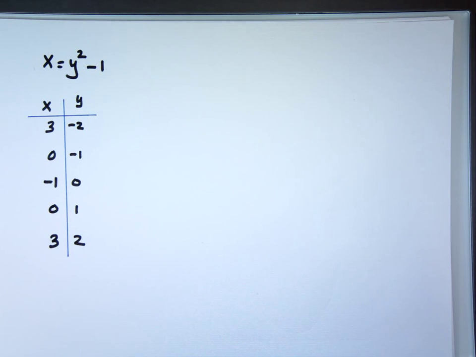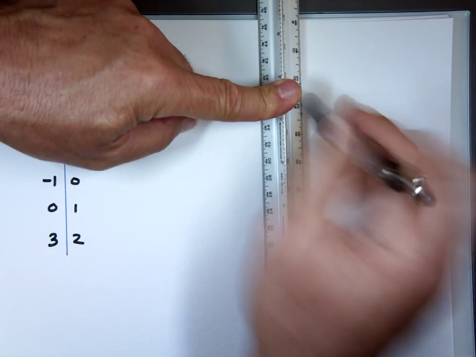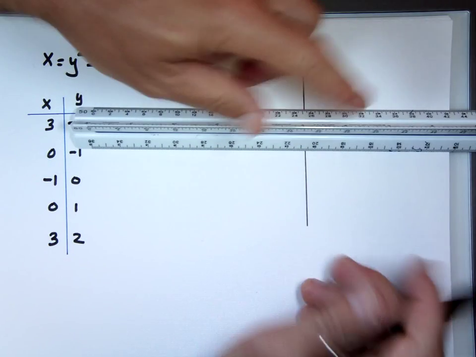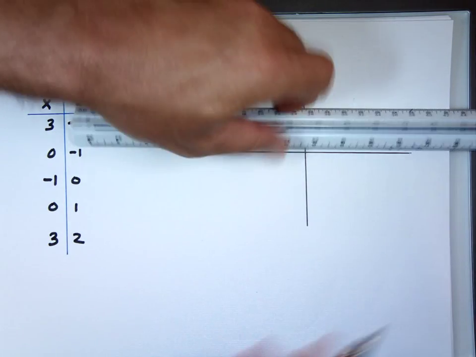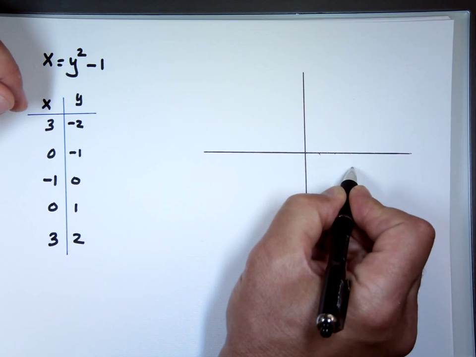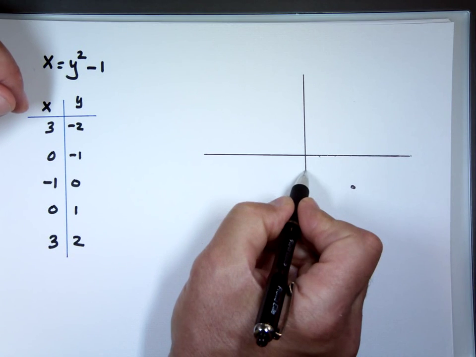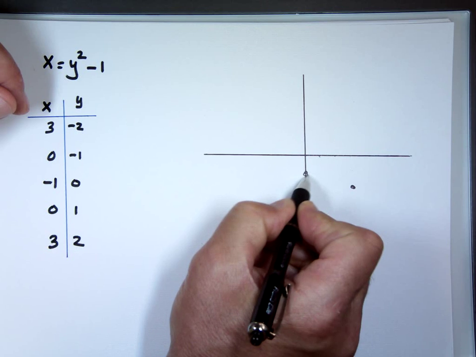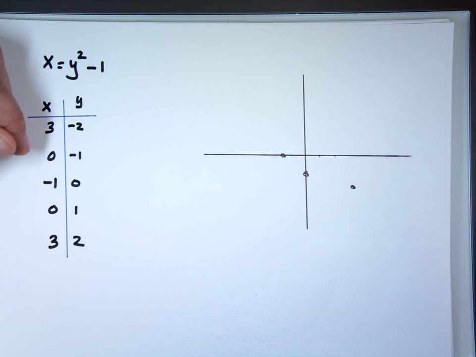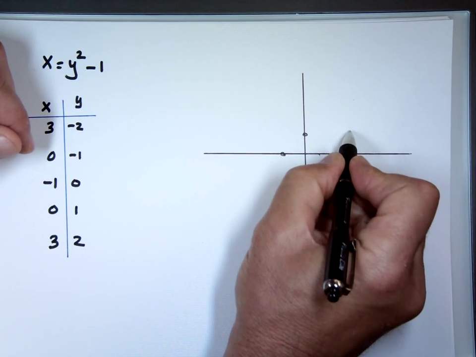And if I graph that one, (3, -2), that's right here. (-1, 0), that's right here. (0, 1)... (3, 2), that's right there.